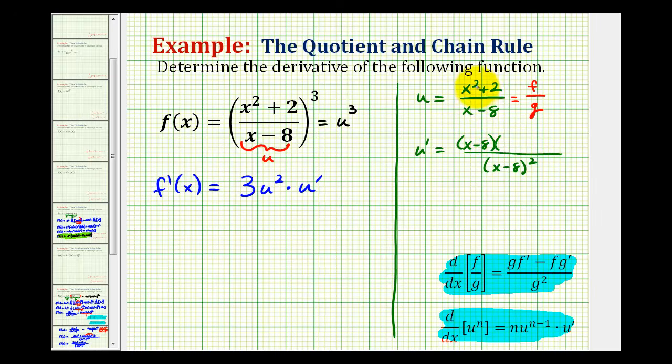So again, our denominator times the derivative of our numerator, which would be 2x, minus our numerator times the derivative of the denominator, which would just be 1. Now let's simplify this.